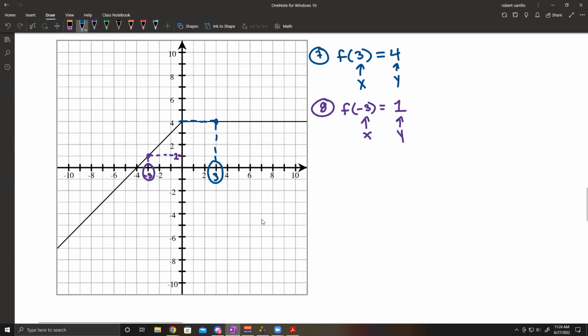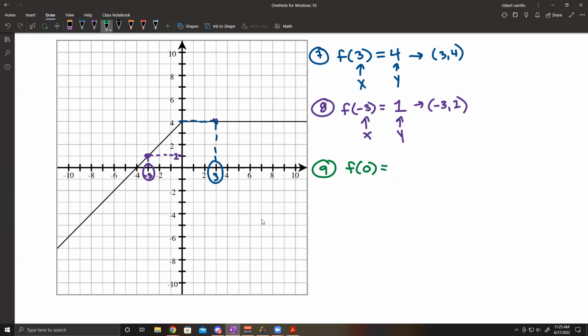Okay. And to make it clear, let's just say it's a point. 3, 4, -3, and 1, because those are the points that you see on the graph. Okay. 9 says f of 0.